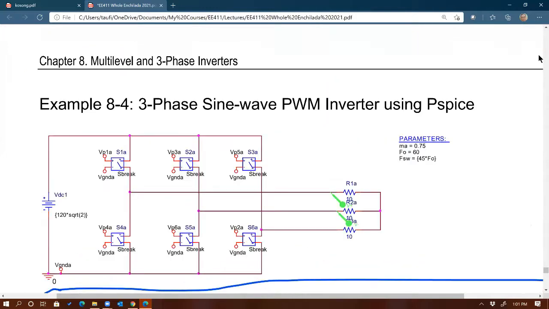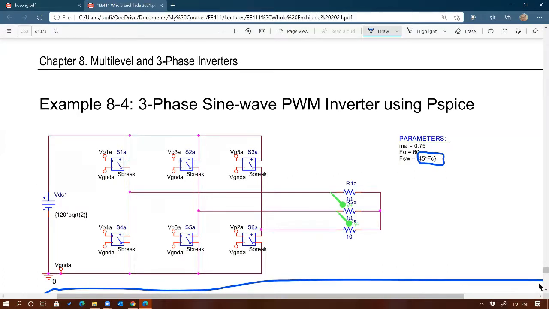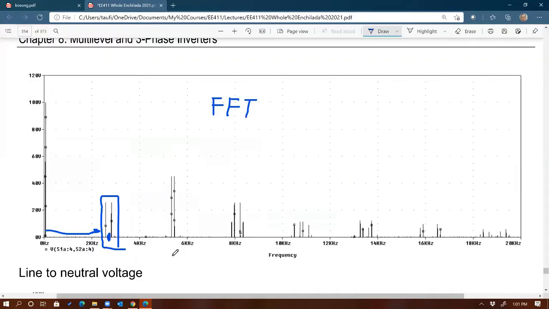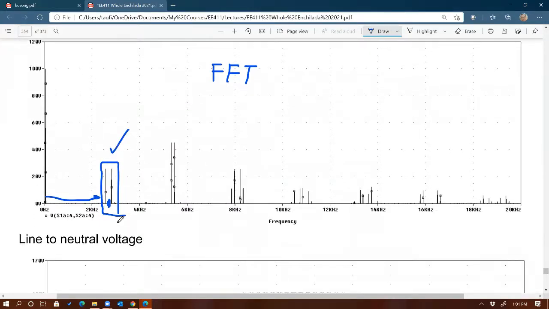What's the switching frequency here? Okay, 45 times 60, whatever that is. So 45 times 60, that's a very high location, right? Compared to 60 hertz, right? So that's 45 times 60 right there, around 45 times 60. So that's easier to filter, right? Okay. All right.